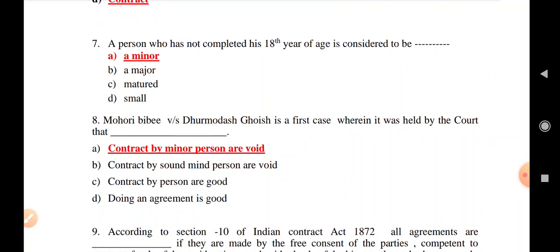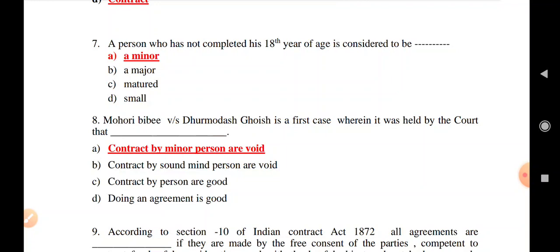As you know, the age of a minor person is below 18 years. So you have to choose option A. Here is one case; there may be a case or there may not be, but I am teaching you here. The case is Mohori Bibee vs. Dharmodas Ghose.